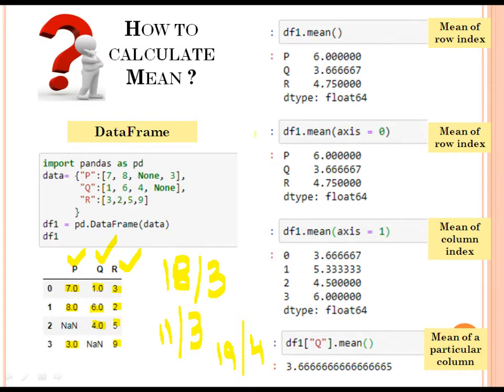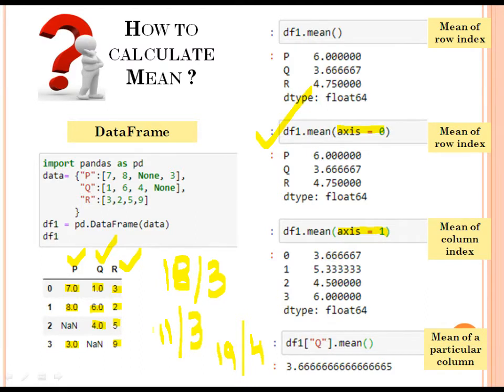Now see the next part, df1.mean(axis=0) behaves similarly because by default axis is 0. When we talk about axis equals 1, then there is some change. Then it will find the mean according to the rows. Okay, so according to the rows, the means are 3.6, 5.3, 4.5 and 6.